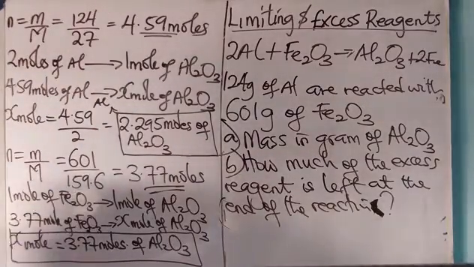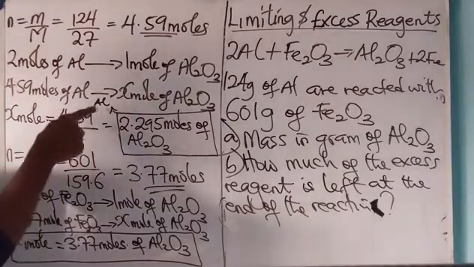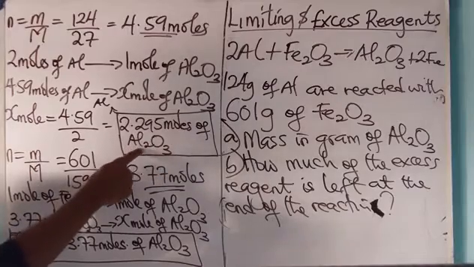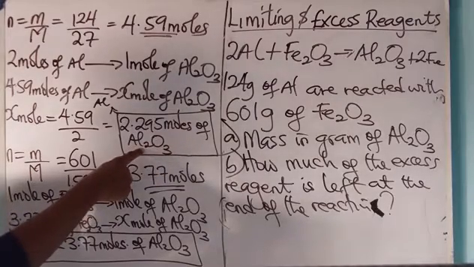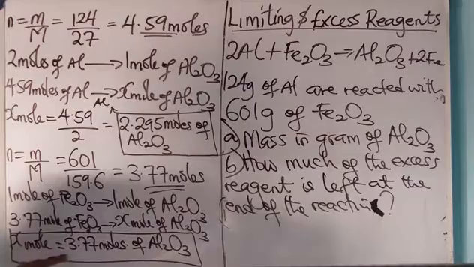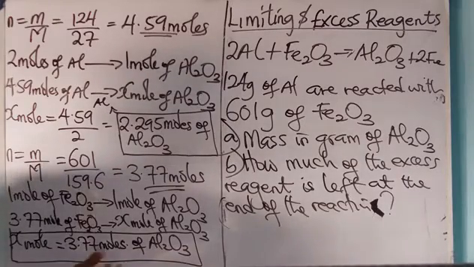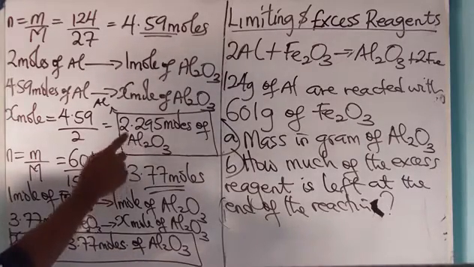So from what we just did, aluminium gave 2.295 moles of aluminium oxide. Is that not correct? Then iron 3 oxide gave 3.77 moles of aluminium oxide. So from what we've gotten, we got two values.